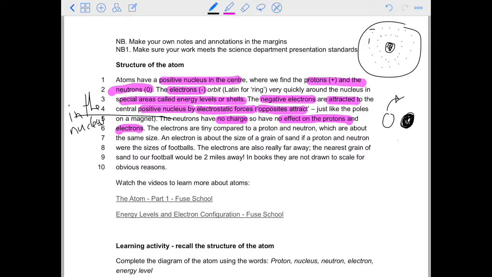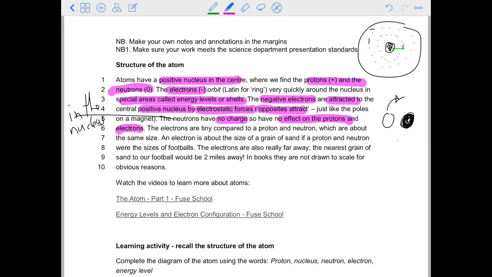So you would not be able to notice that grain of sand compared to the football. And inside of an atom, they're also really, really far away. If I go back to this diagram, if I have a football proton, a football neutron, and several of them, with these grain of sand electrons going around, the distance between the nucleus and the closest electron would be 2 miles.